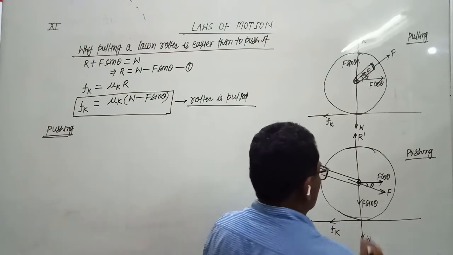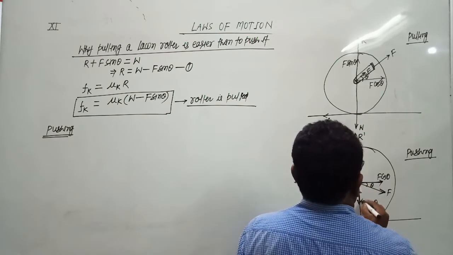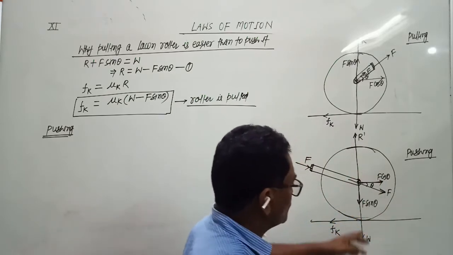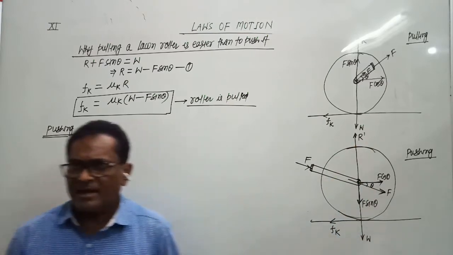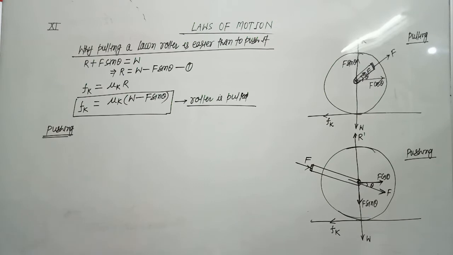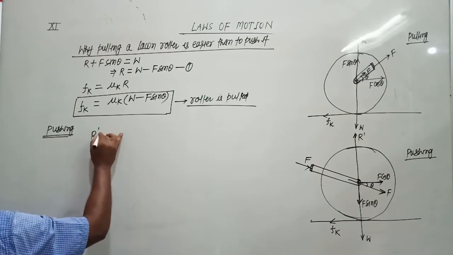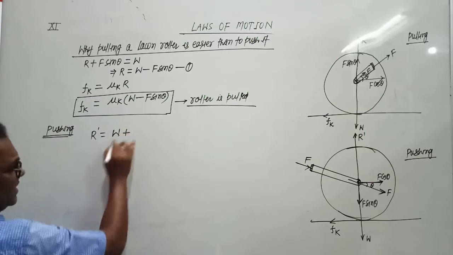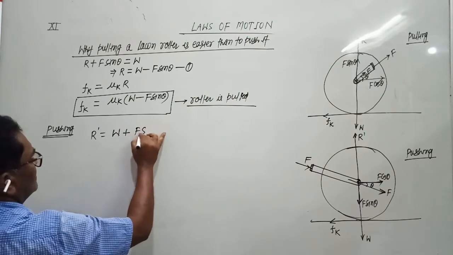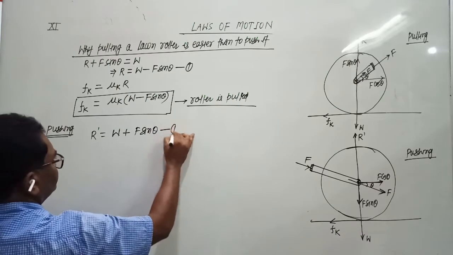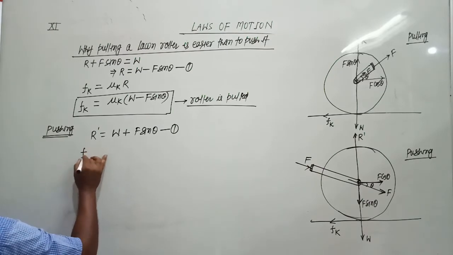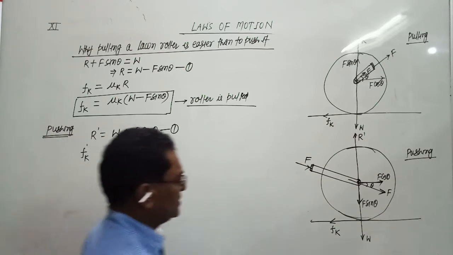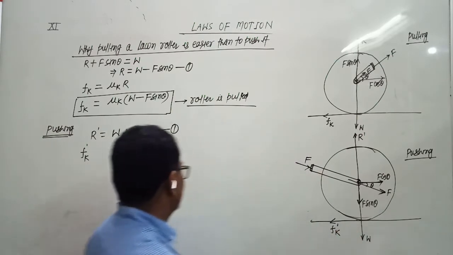So now we resolve these forces. In vertical downward direction, two forces act, F sin theta and W, and in vertical upward direction, the force acting is R dash. So R dash equals W plus F sin theta. In this case the force of friction is Fk dash.